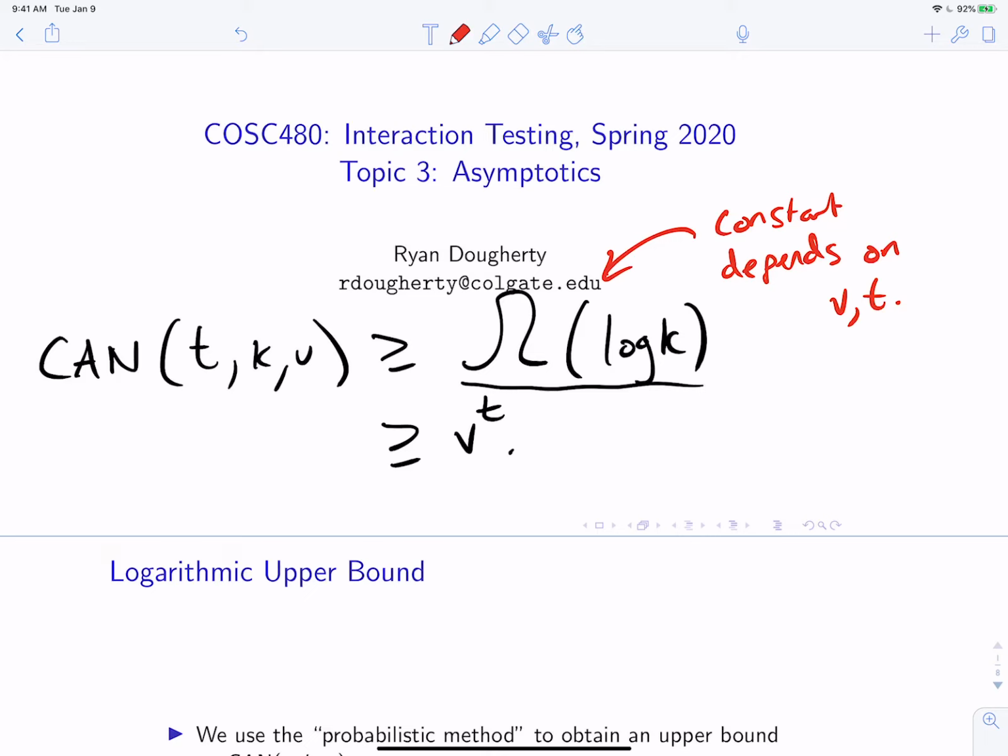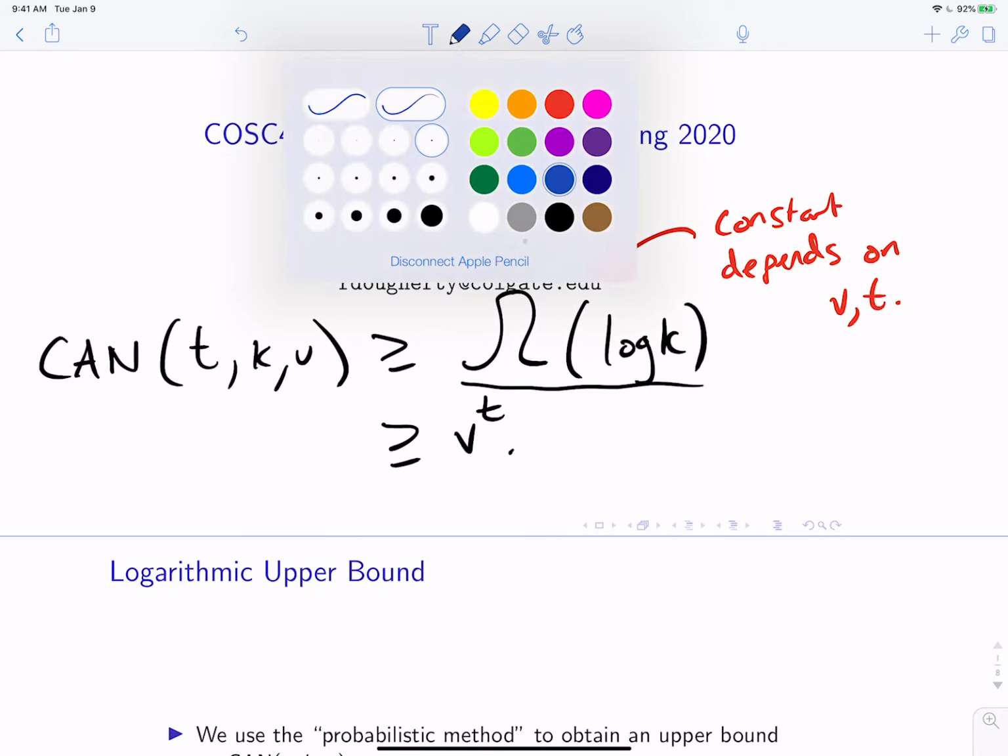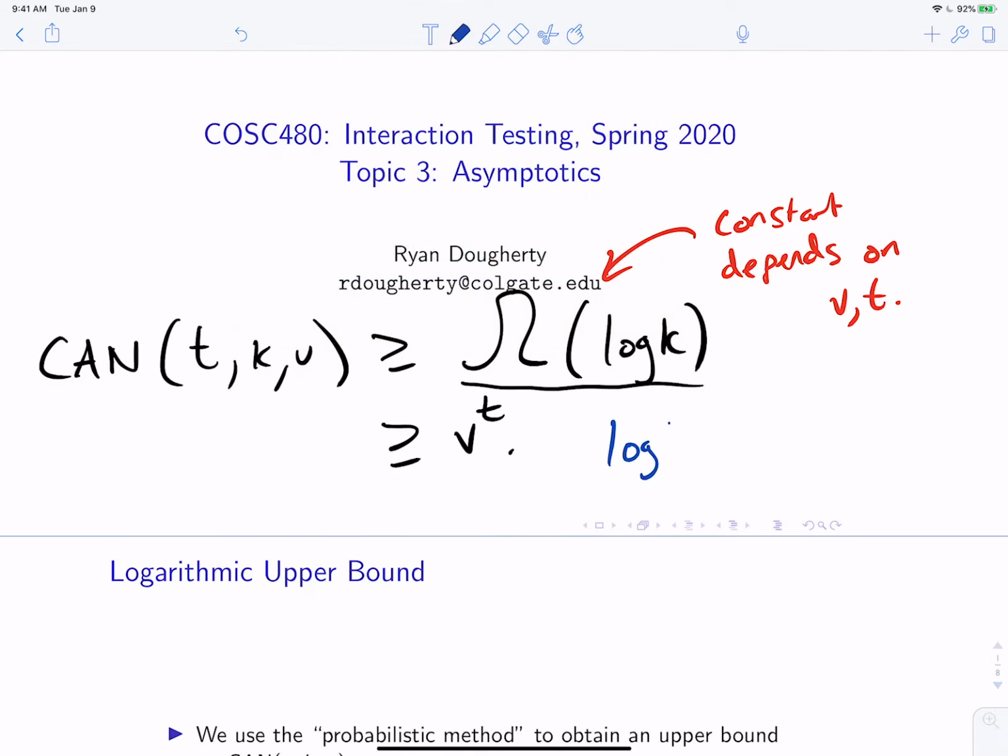Another thing that might be interesting is, what if the real bound was, say, v to the t log k plus some other term?